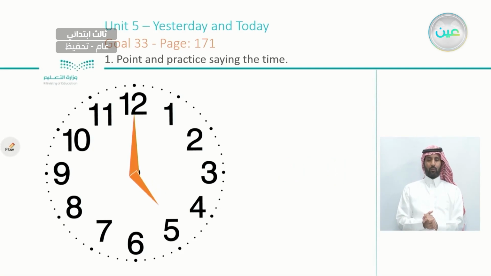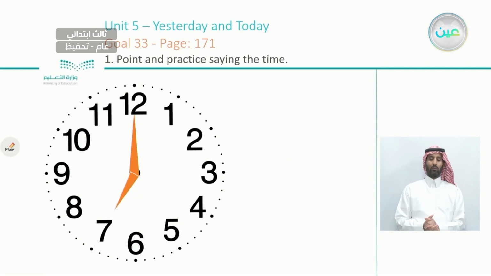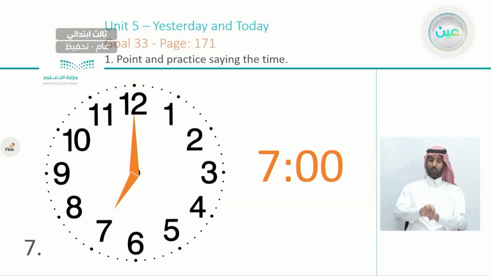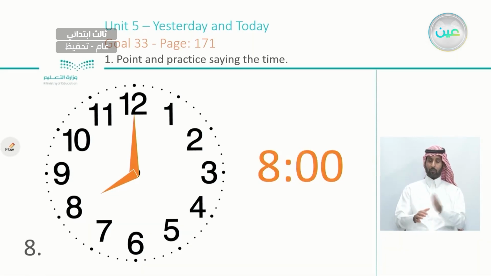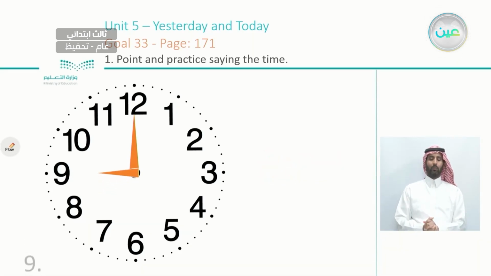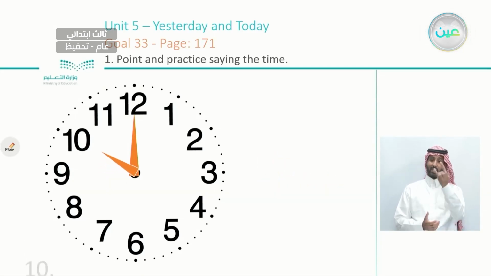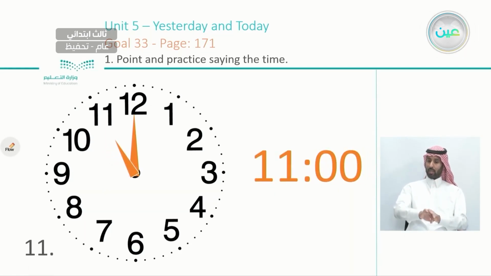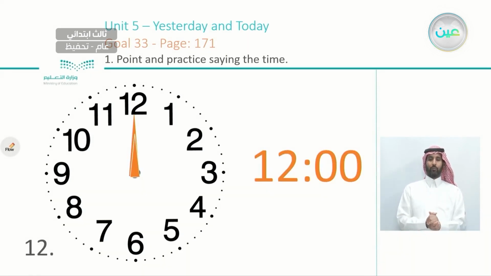What about this? 5 o'clock. 6 o'clock. 7 o'clock. 8 o'clock. 9 o'clock. 10 o'clock. After that, 11 o'clock. And the last one here is what? 12 o'clock. That's right. Excellent.